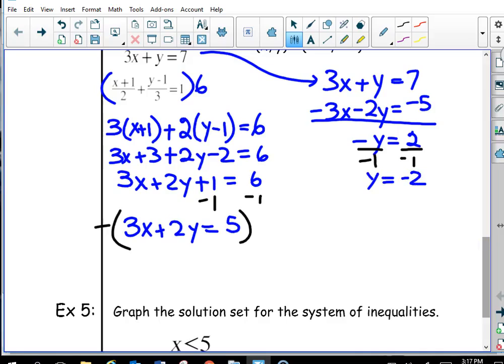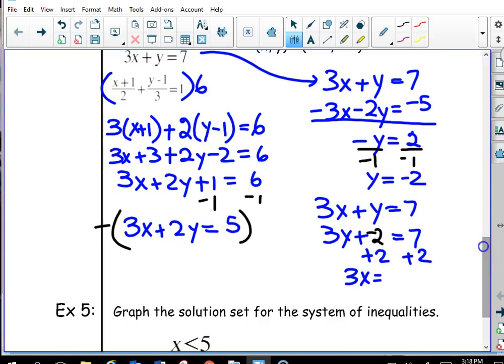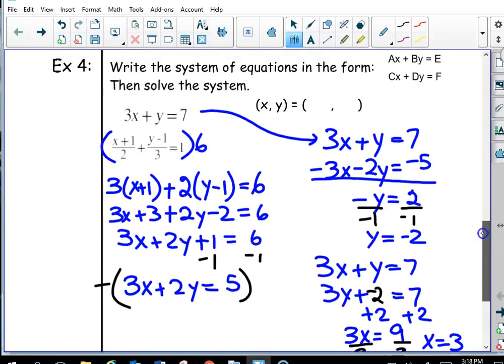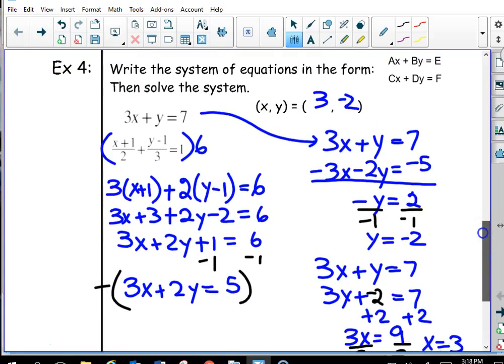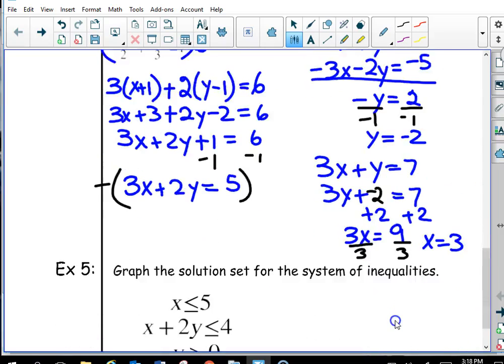And I'm definitely going to pick that first equation to solve for x. Okay, add 2. 3x equals 9. Looks like x equals 3. So we've got a 3 and a negative 2. That kind of does it for that type of problem.